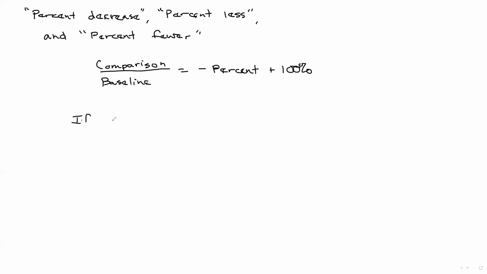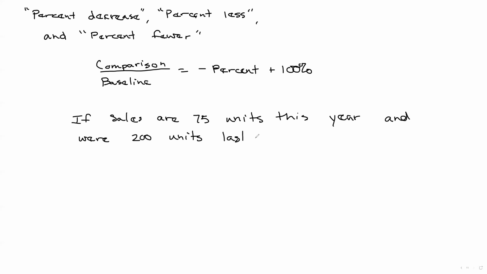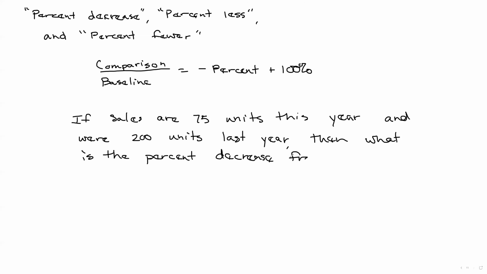To stick with the examples we've been doing, if sales are 75 units this year and were 200 units last year, what is the percent decrease from last year to this year?